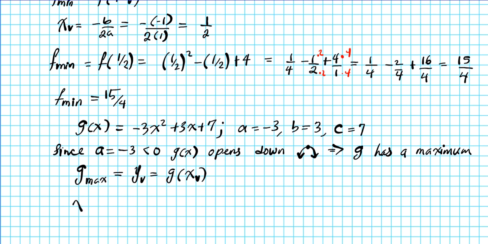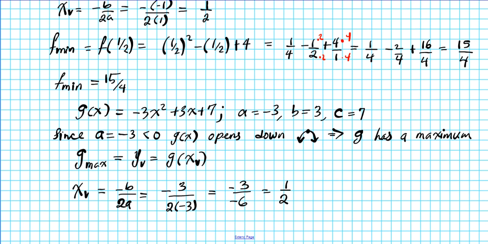So let's find the x-coordinate of the vertex for g first. X-coordinate of the vertex is negative b over 2a. So let's work this out. Negative b is 3 over 2a, a is negative 3. So we are going to have negative 3 over negative 6. When you simplify that, you have 1/2, okay?